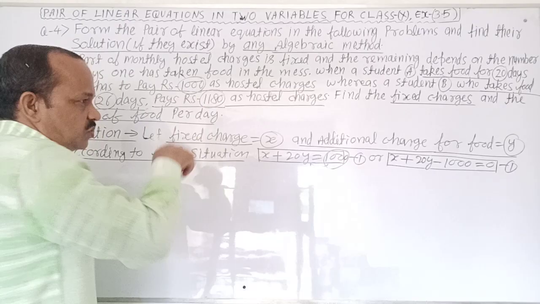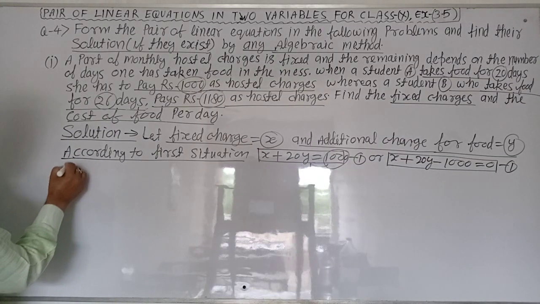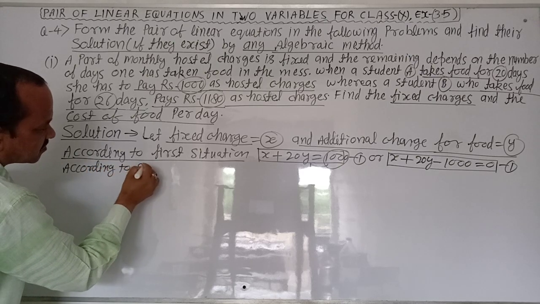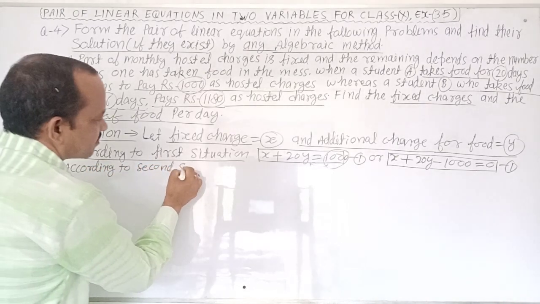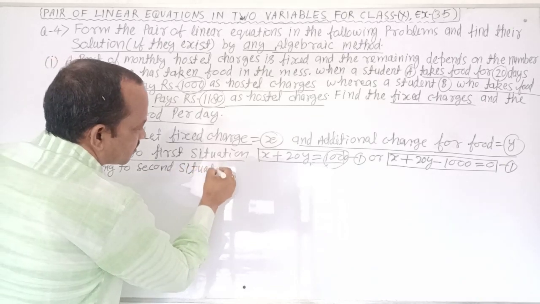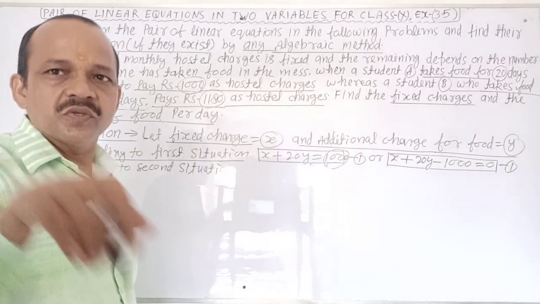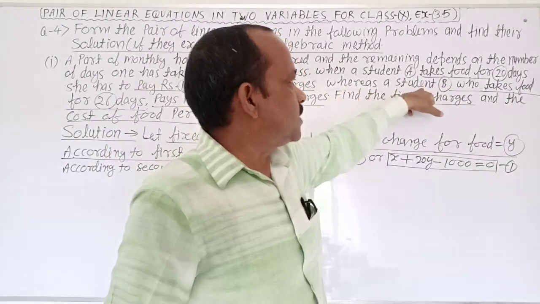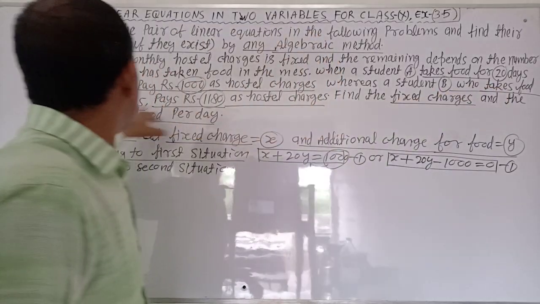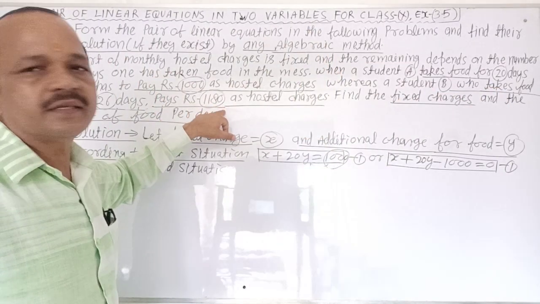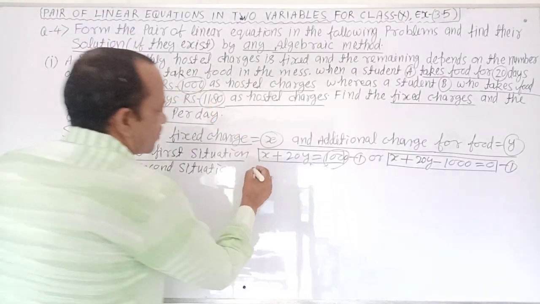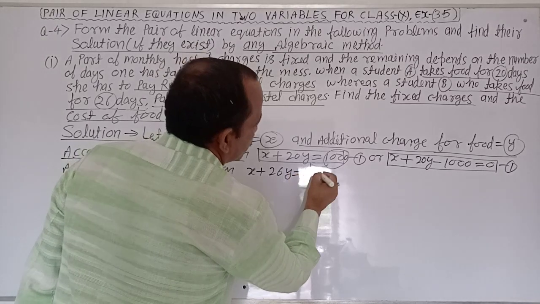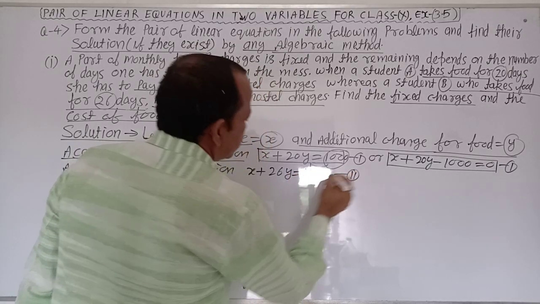Clear? According to the second situation, student B takes food for 26 days and pays Rs 1180. X plus 26y equal to 1180, equation second.